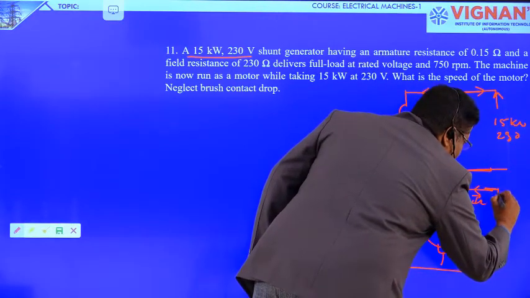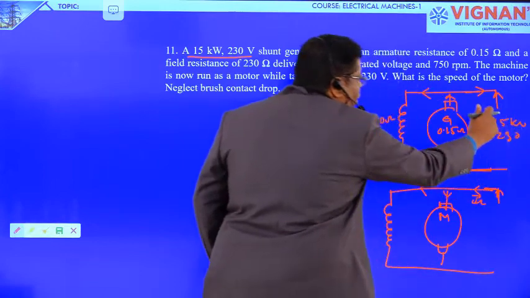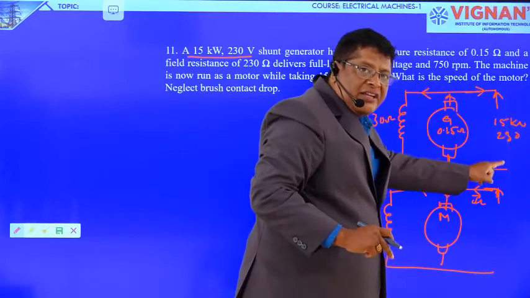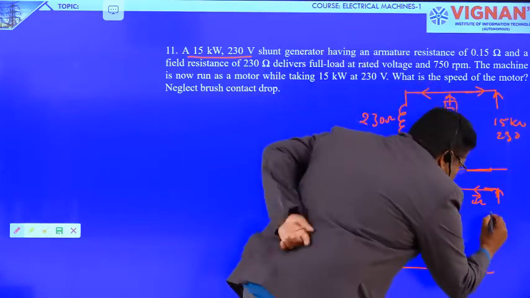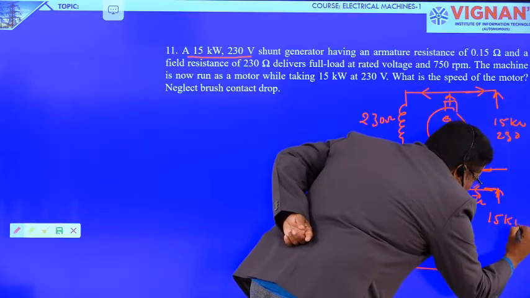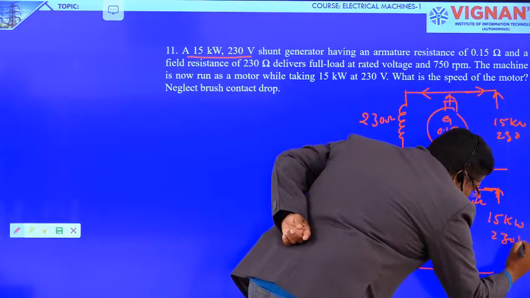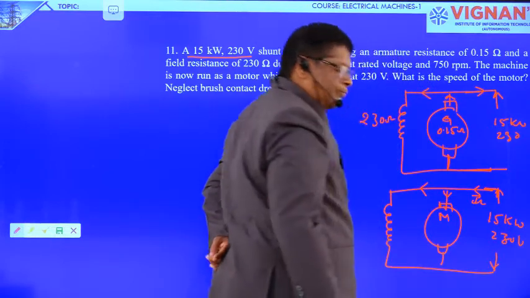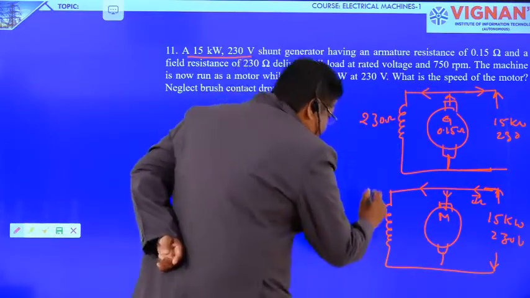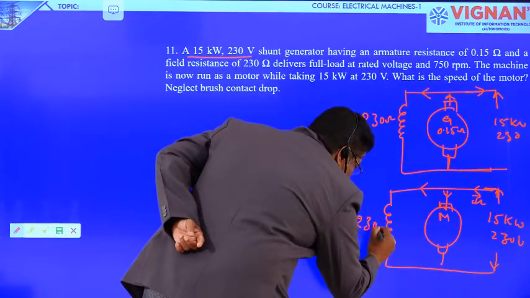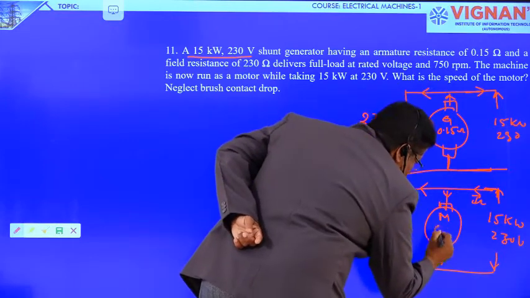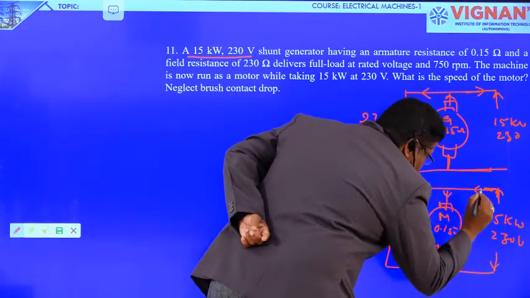So how much input power is given? See here, the output power given by the generator, the same amount of power is given, nothing but 15 kilowatts at 230 volts. That is the input power given to the motor. There is no change here. This is 230 volts, and this is the 0.15 ohm.